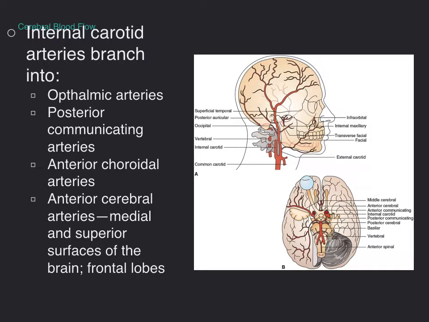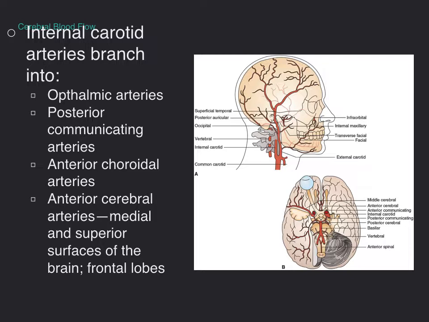When we look at the cerebral blood flow and we look specifically at the carotid arteries, we can see how they branch into the ophthalmic arteries, the posterior communicating arteries, the anterior choroidal arteries, and the anterior cerebral arteries, both the medial and superior surfaces on the brain and the frontal lobes.